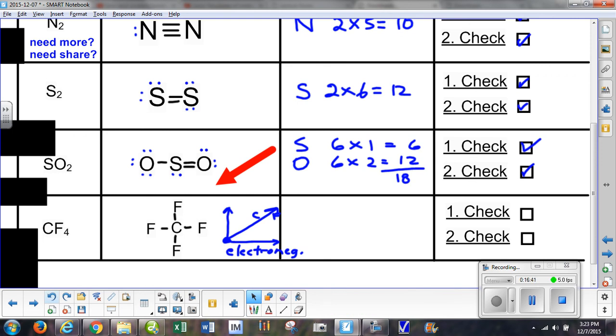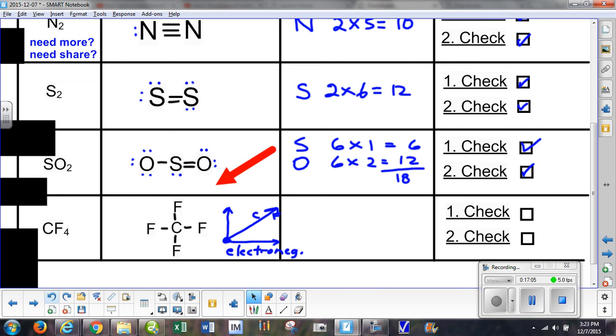Carbon is element number 6, and fluorine is element number 9. So, we now say because the trend for electronegativity is it gets bigger because of this guy, see that arrow? It gets bigger going from left to right.